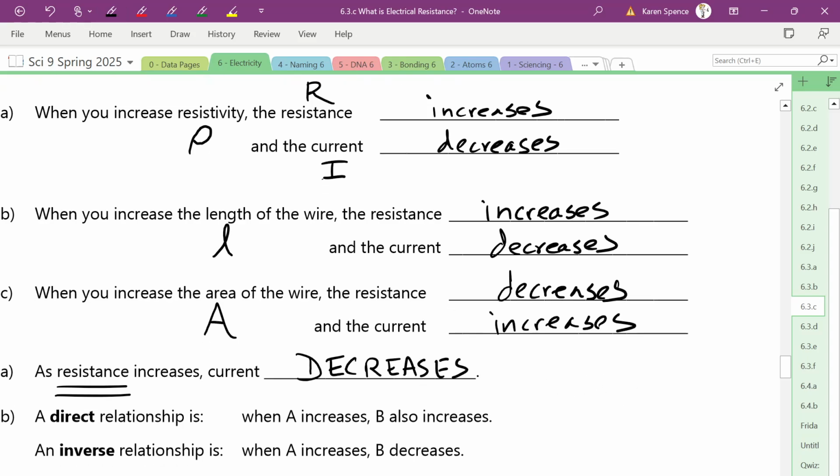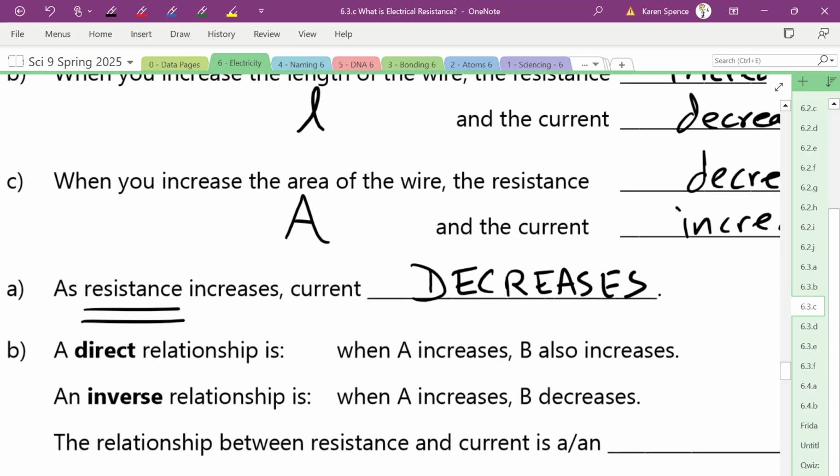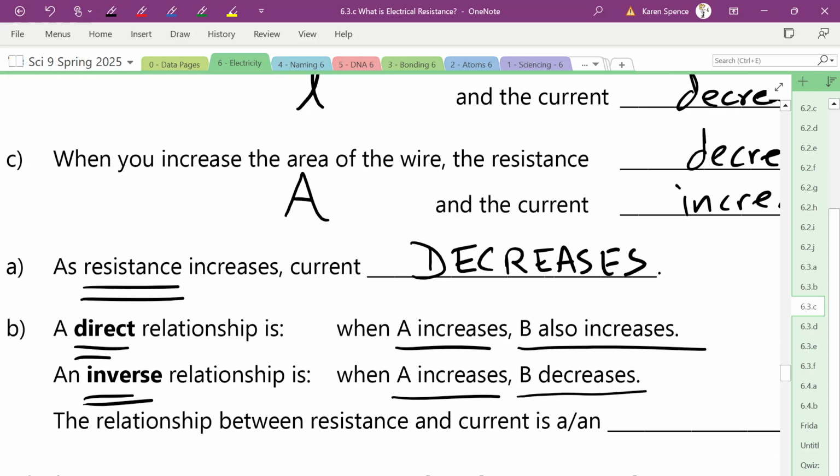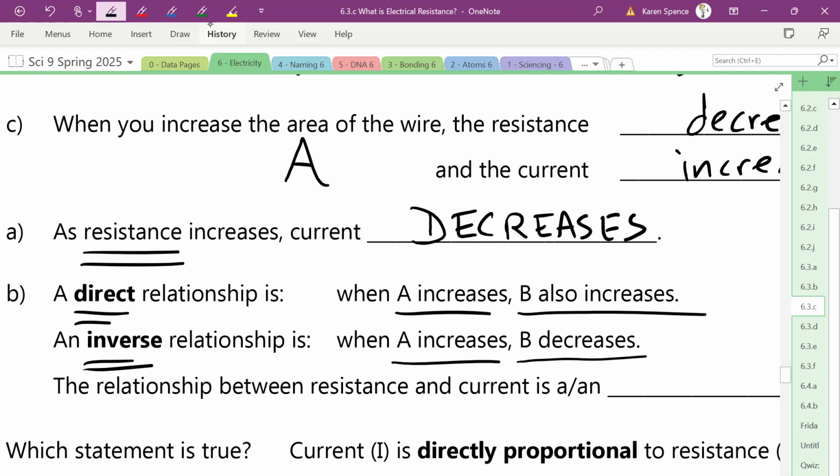I'm not going to do that yet. A direct relationship is when A increases, B also increases. An inverse relationship is when A increases, B decreases. What is the relationship between resistance and current? Is it direct or is it inverse?